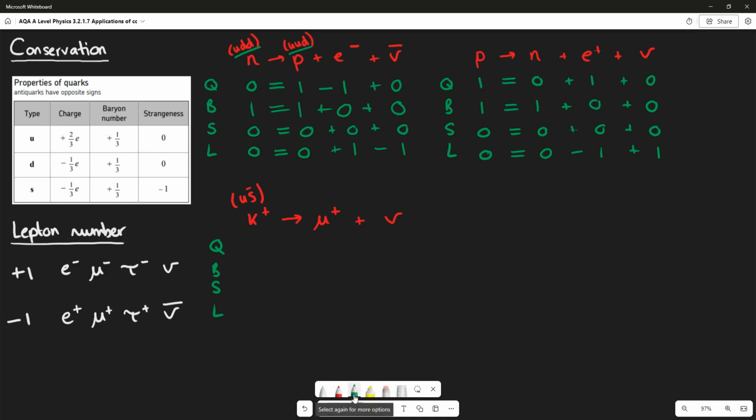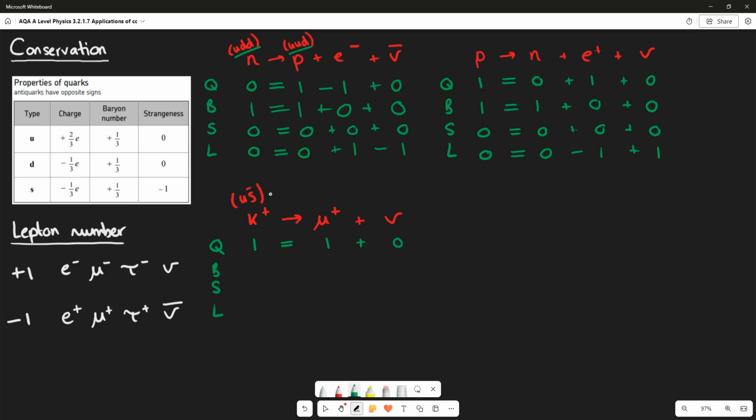So let's analyse this. An up and an anti-strange, so that would be positive for an anti-particle, and that would give us a charge of +1. The positive muon has a charge of 1, and a neutrino just doesn't have charge. And we can see that this balances. So this is looking good so far.